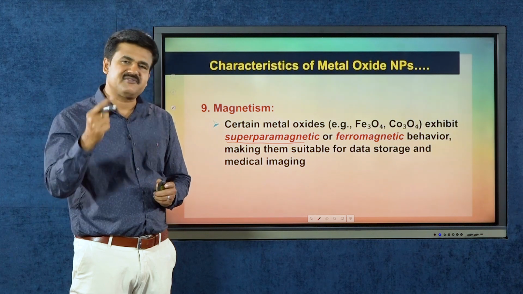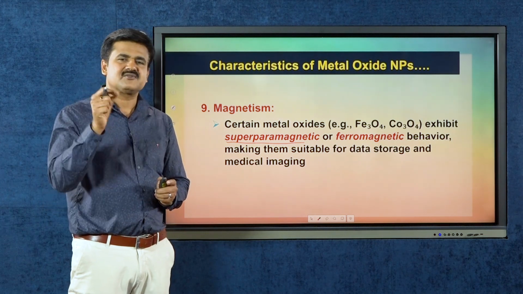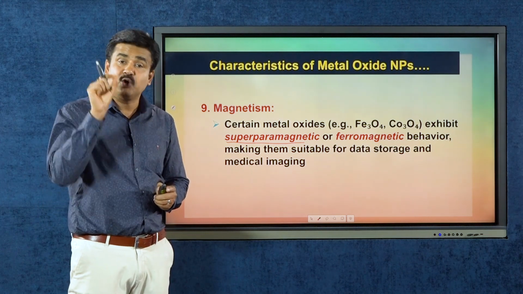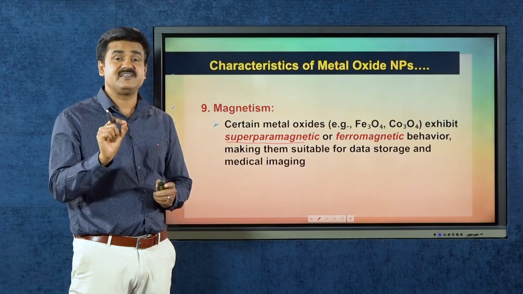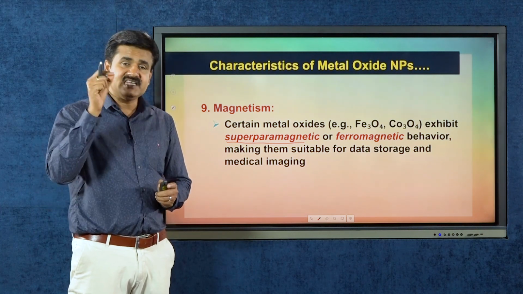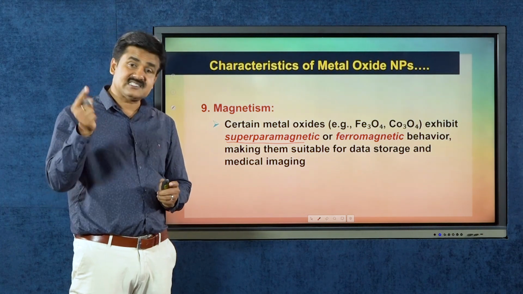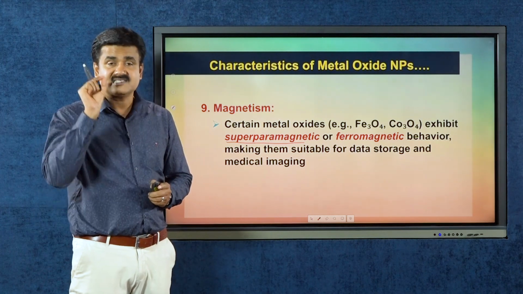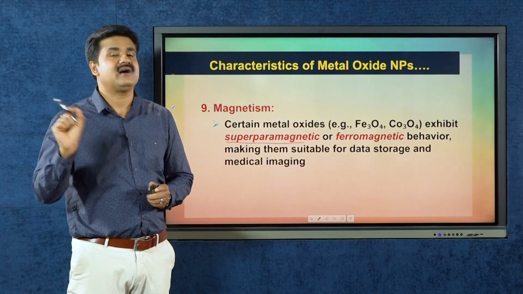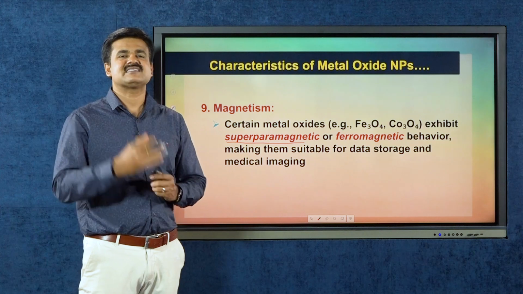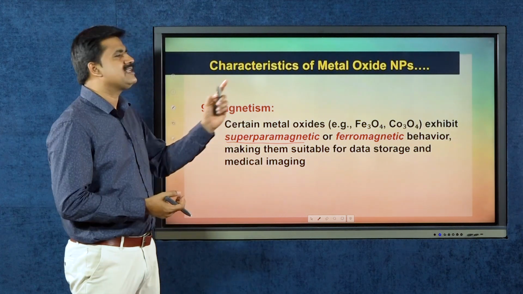They are previously ferromagnetic, but in the case of the ferromagnetic material, there is a non-zero value of coercivity and retentivity. If these quantities are zero, such ferromagnetic materials are said to be superparamagnetic. So, magnetism is a characteristic feature of metal oxide nanoparticles.